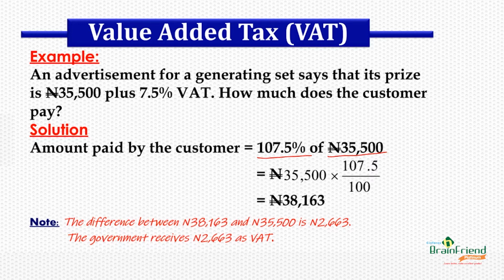And to do that, we simply multiply 35,500 by 107.5 over 100. When we do that, we would have 38,163 naira. Now, the difference between 38,163 naira and 35,500 naira is the amount that is the VAT that customer pays on that good.